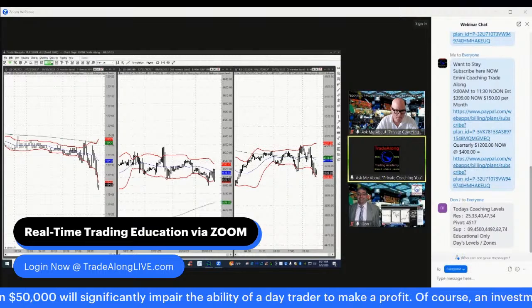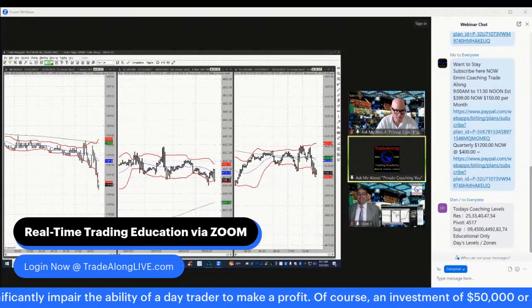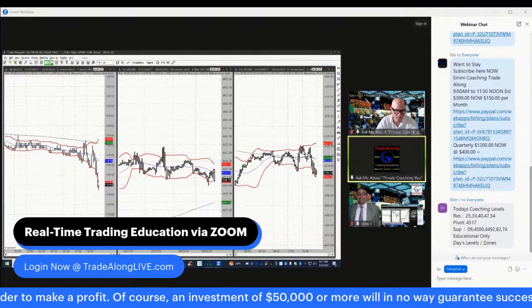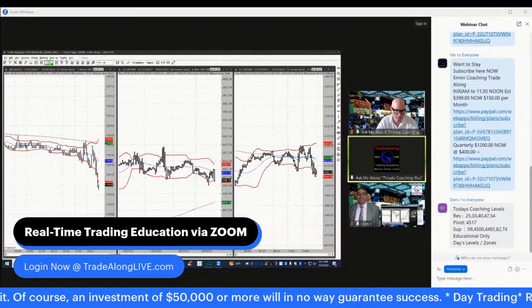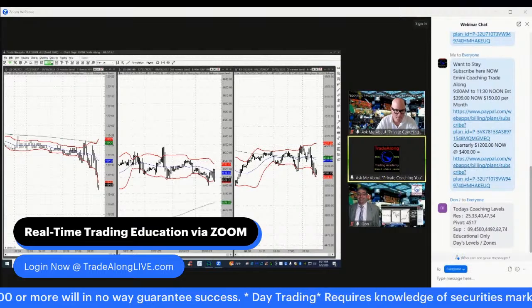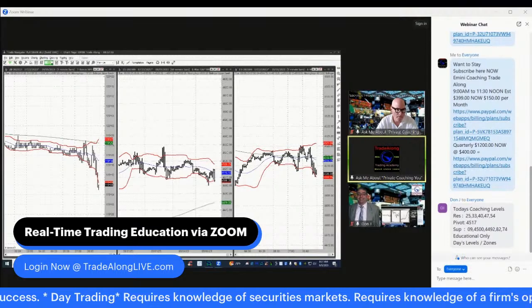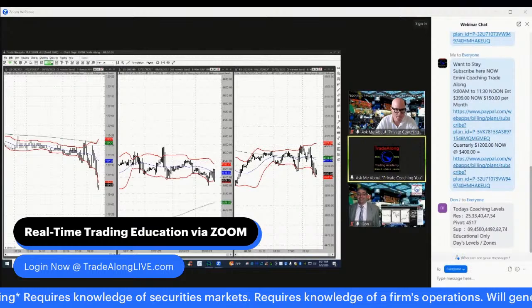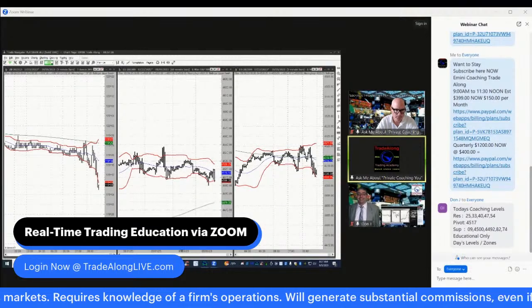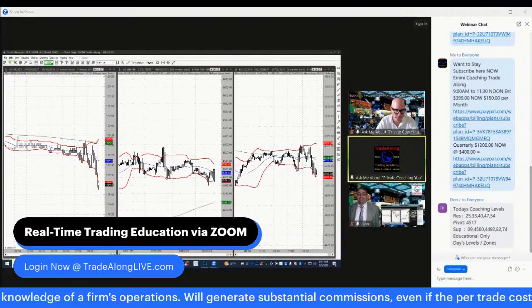The yield right now on the 10-year is up to 4.25. They were down at 4.10 last week one day, so definitely a move to the upside. Prices go down, yields go up.